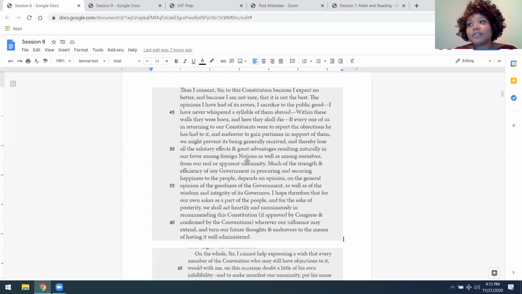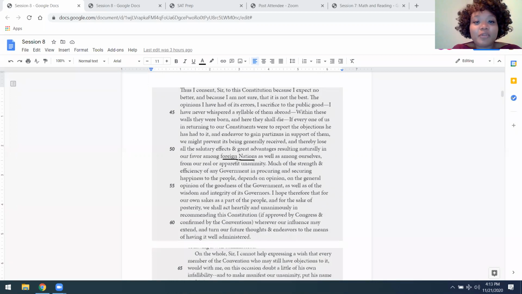Basically, this line is saying that if we question the contents of the Constitution, if we go to our constituents and tell them our issues with it and we get support, the advantage we get from making foreign nationals, meaning say, I don't know, some officials from France, this is America, right? This is the United States in like the 17th century, whatever.